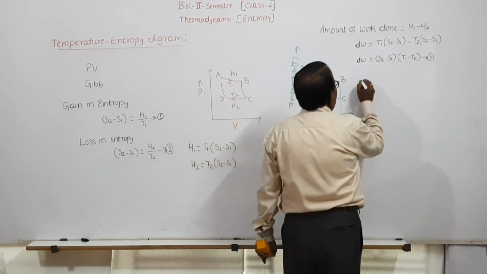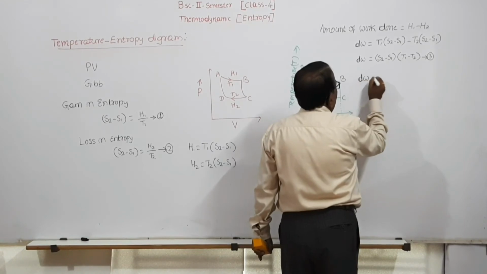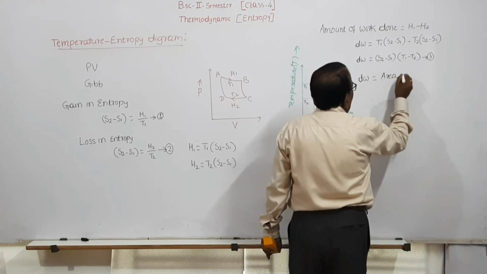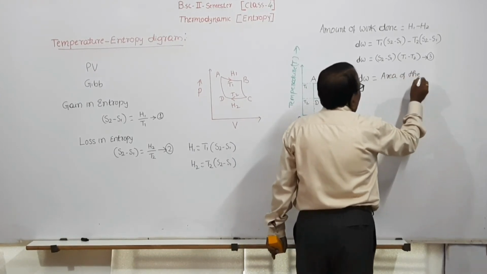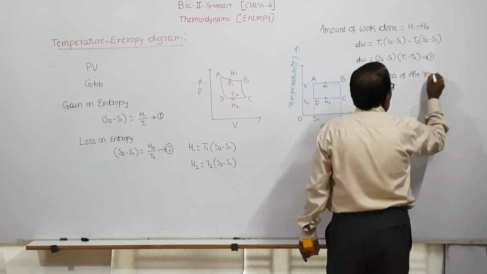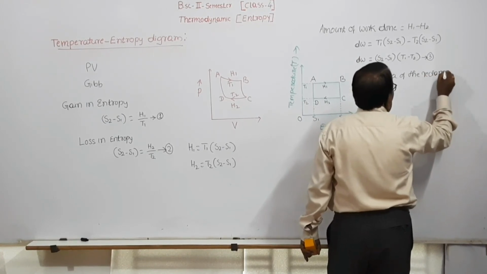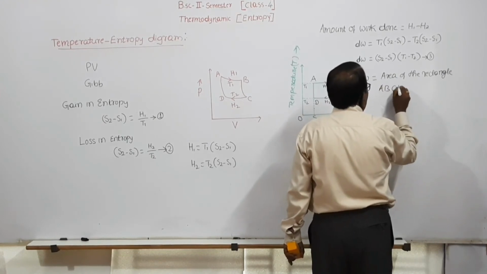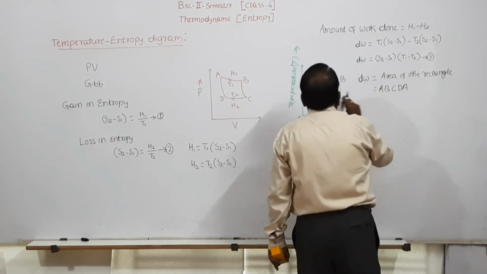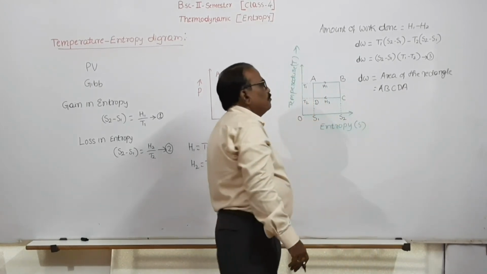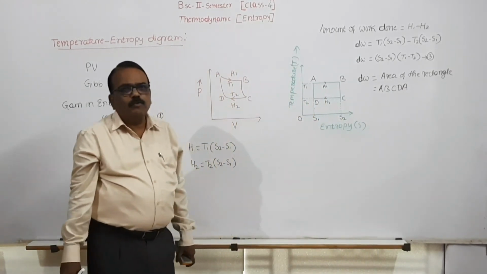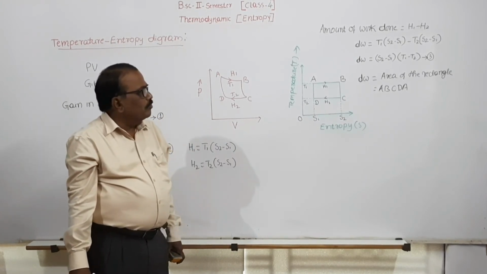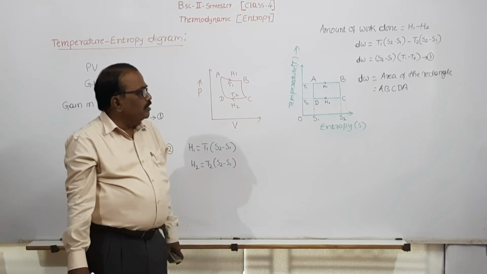Then from this it is clear that dW is equal to the area of the rectangle ABCDA. Then we have shown in the temperature entropy diagram that the amount of work done is equal to the area of the rectangle ABCDA.